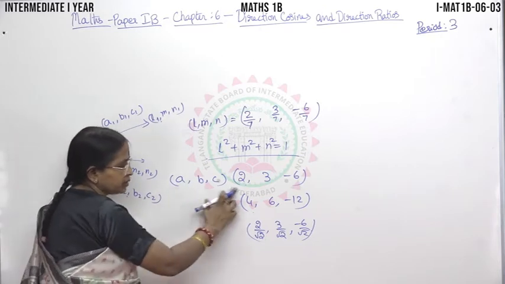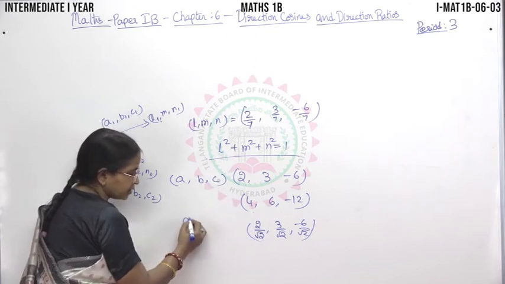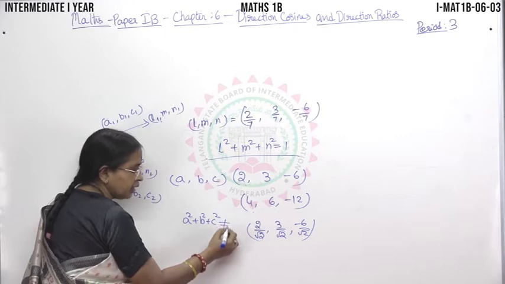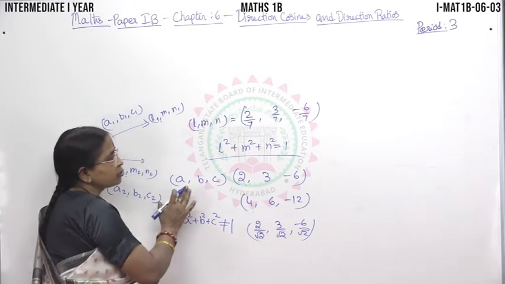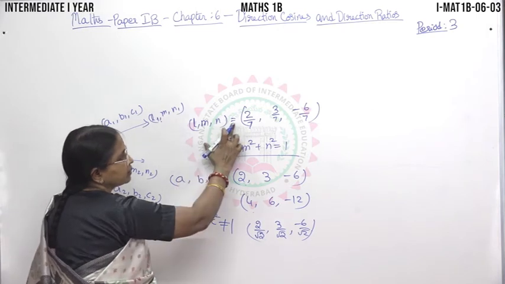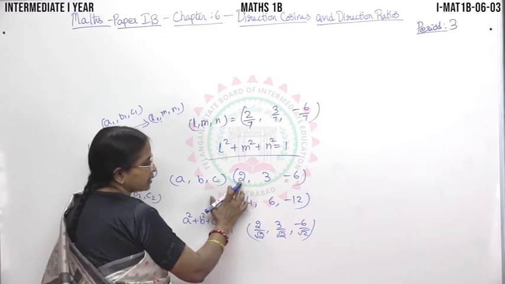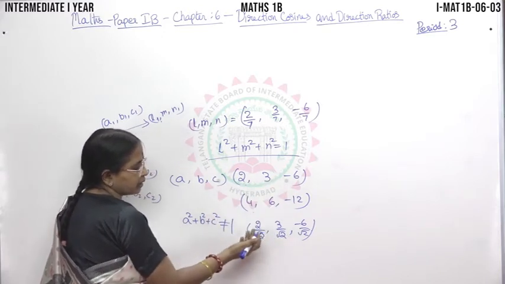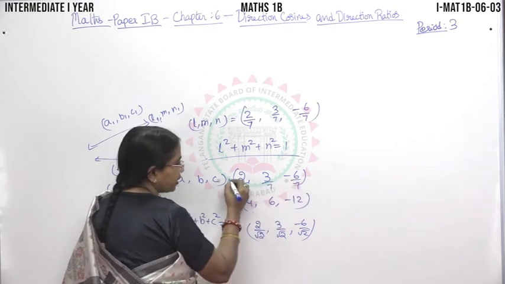Now suppose A, B, C are given. Here, this type of property will not be satisfied. A square plus B square plus C square need not be equal to 1 in general. If I take A, B, C as 2, 3, minus 6, I can divide by 2, root 2, or by 7, and they also become direction ratios.